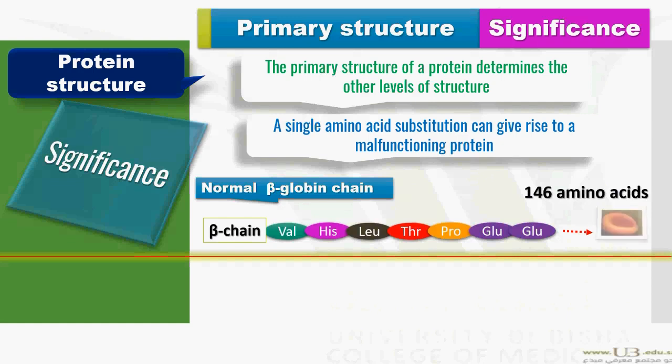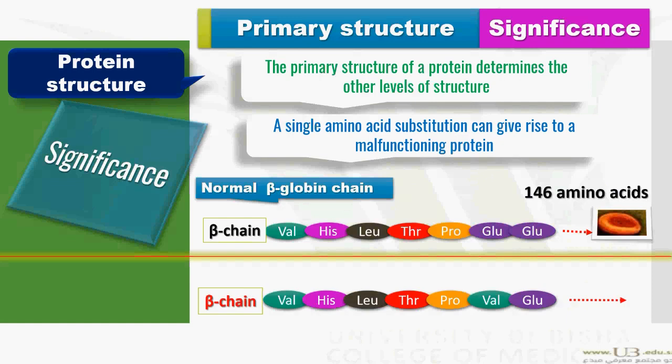So look at this and look at the second example of the beta chain. Again, it's the same beta chain with the same set of amino acids: valine, histidine, leucine, threonine, proline, valine, and glutamic acid. So what's the difference between these two? واحد من الشباب متابع يا شباب؟ أيوه إسراء.